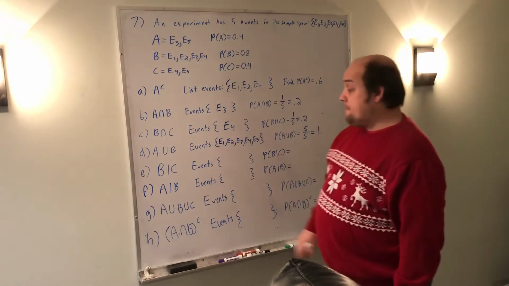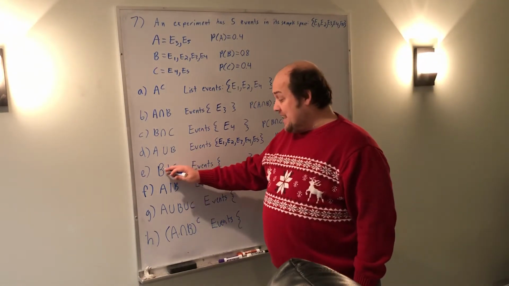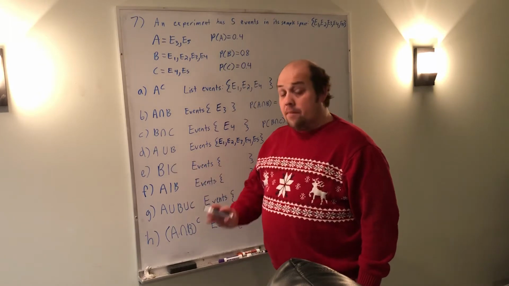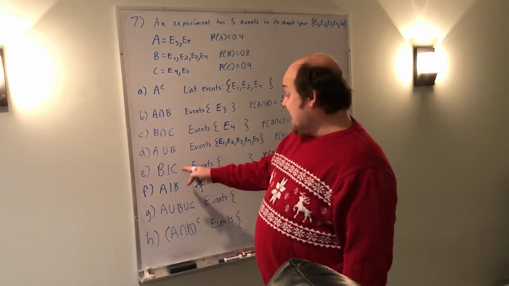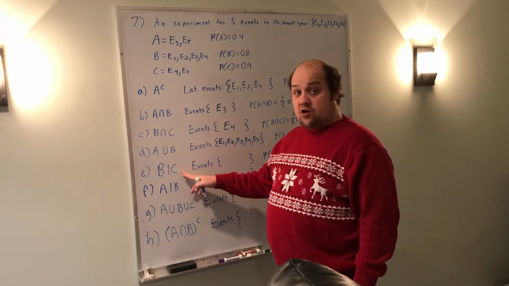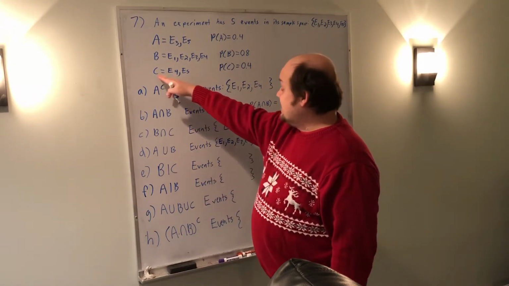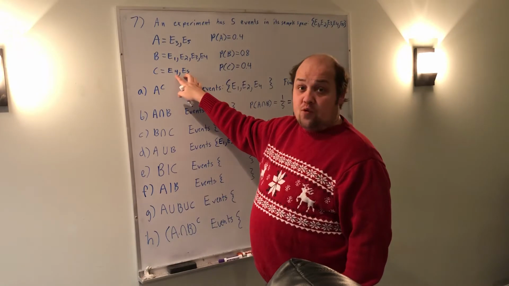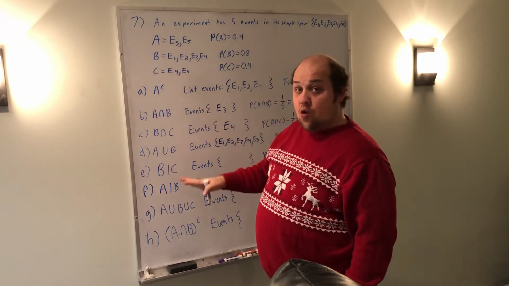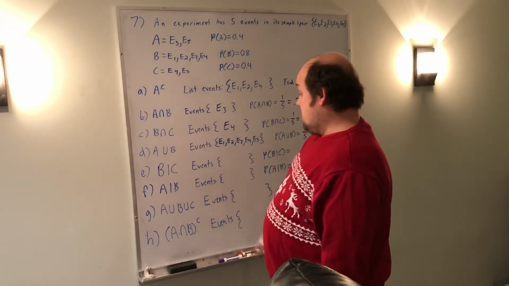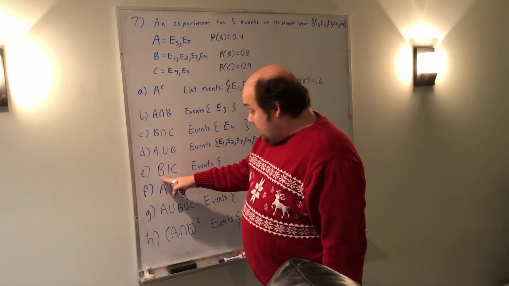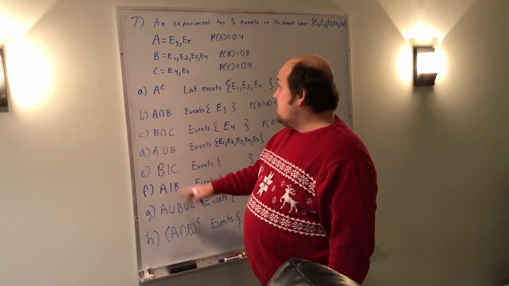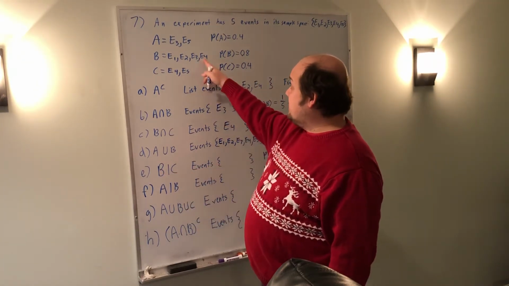When we look at the conditional, B given C, the most important part is understanding that after the conditional line is where we start. So we know C has already happened. It's either event 4 or event 5 that's happened. Those are the only 2 possibilities. Probability of B happening when C already happened, the only event that counts is event 4.